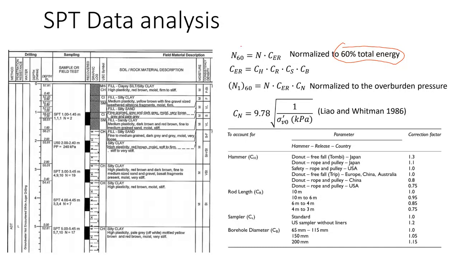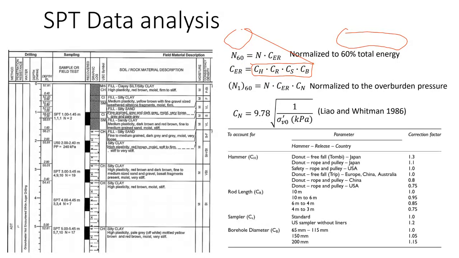And this is what we call N60. So it's not N anymore, it's going to be N with a subscript 60, which means it is normalized to 60% total energy. To do that, we just need to get these coefficients. They depend on the type of hammer, the rod length, the sampler, and the borehole diameter.